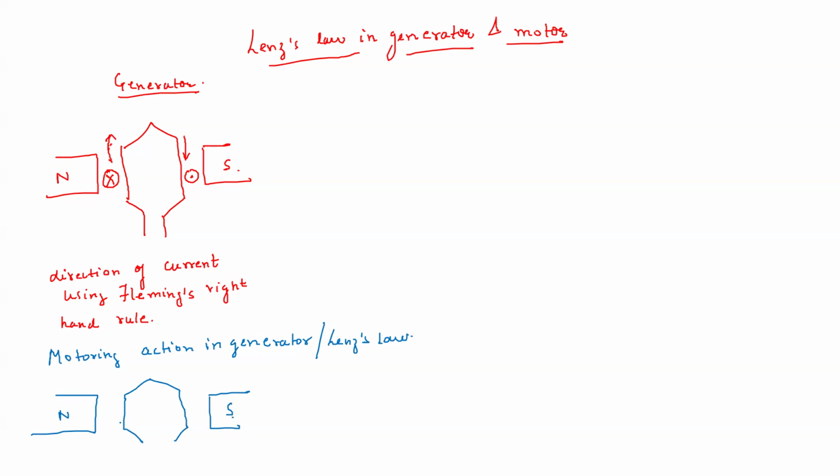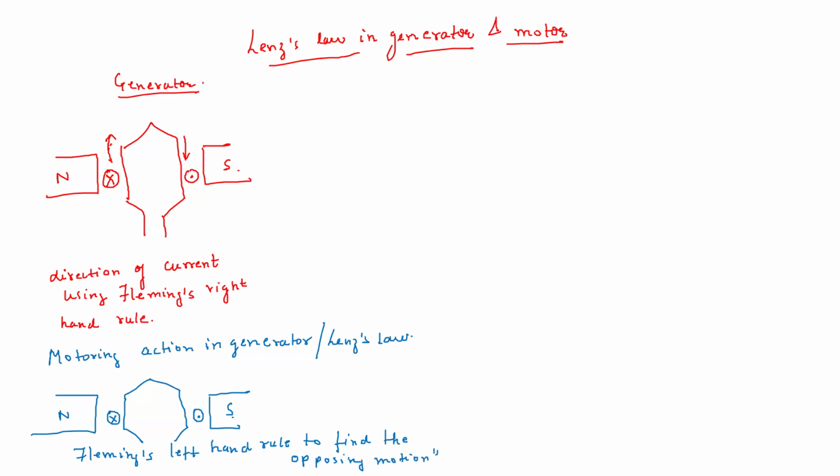Now here you saw that the current right now here is cross and the current right now here is dot. Because this is now a current carrying conductor in the magnetic field, you will apply Fleming's left hand rule to find the opposing motion direction.